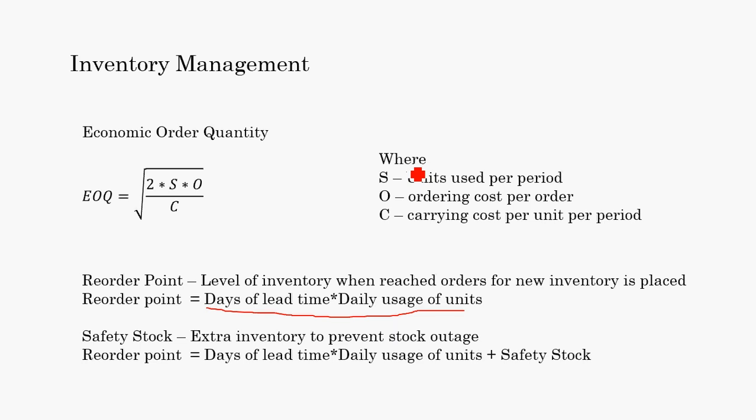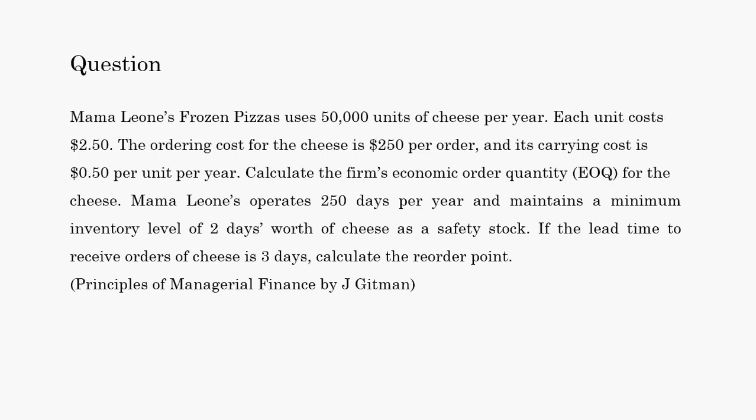Now using this, let's look at a problem and calculate the economic order quantity. There is a pizza company which uses 50,000 units of cheese per year. Each unit is going to cost $250. The ordering cost for the cheese is $250 per order, and the carrying cost is $0.50 per unit per year.